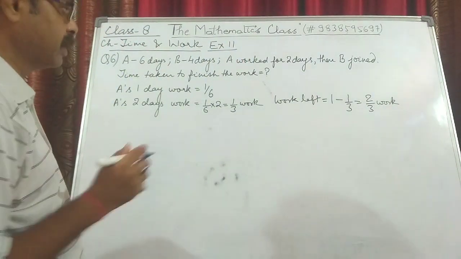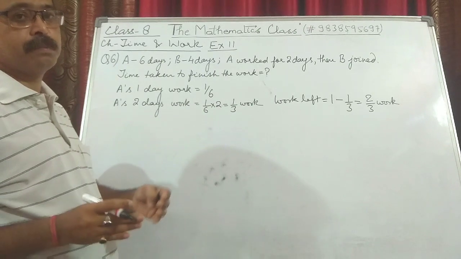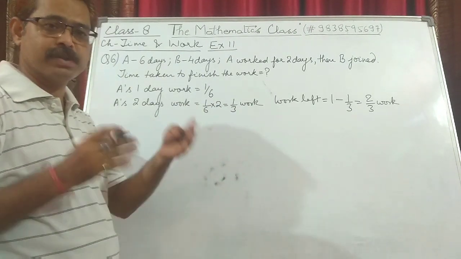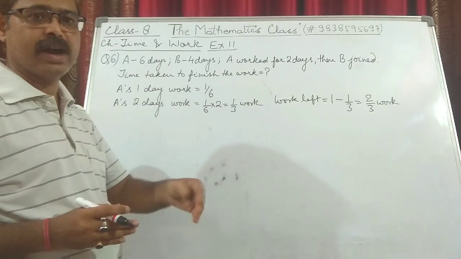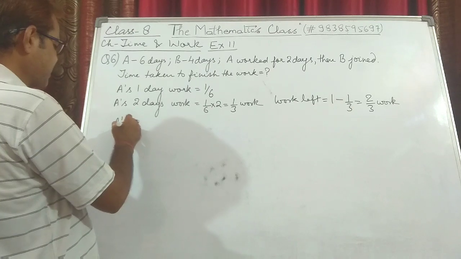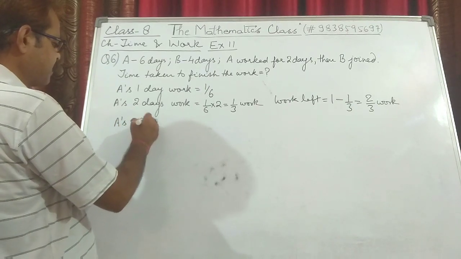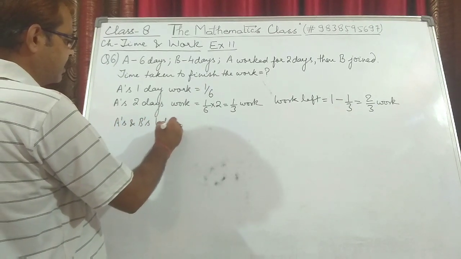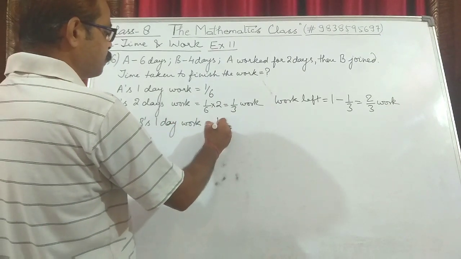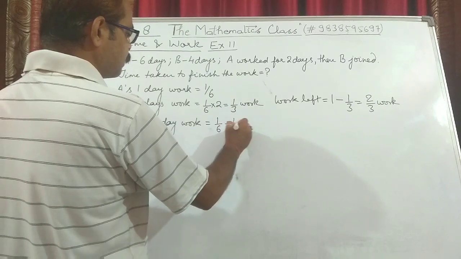Now we will find out if A and B together do the work, how much time will they take to complete it. In 1 day, how much work will they complete? So A's and B's 1 day work will be 1 upon 6 plus 1 upon 4.